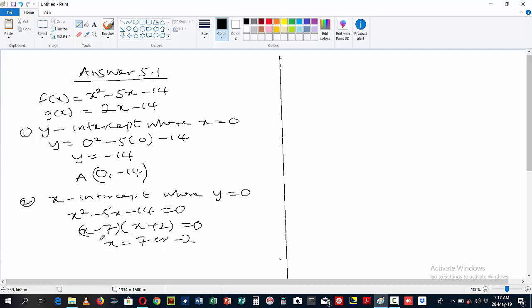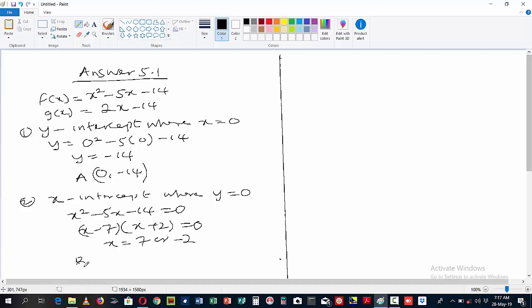When you transpose minus 7 to the other side, it is going to give us positive 7, and when you transpose positive 2 to the other side, it is going to give us negative 2. Now we have our x equal to 7 or negative 2. We can write the coordinates, which means we are going to have two coordinates there.